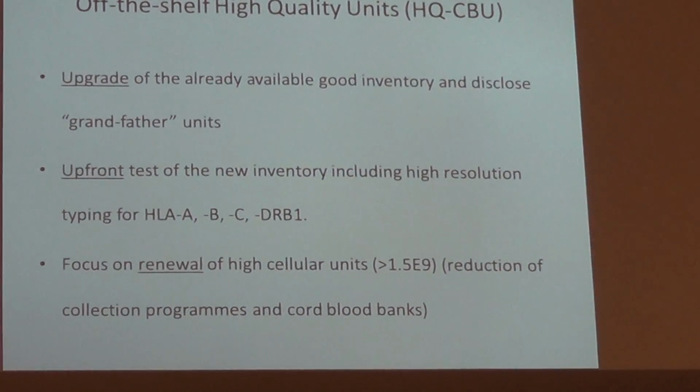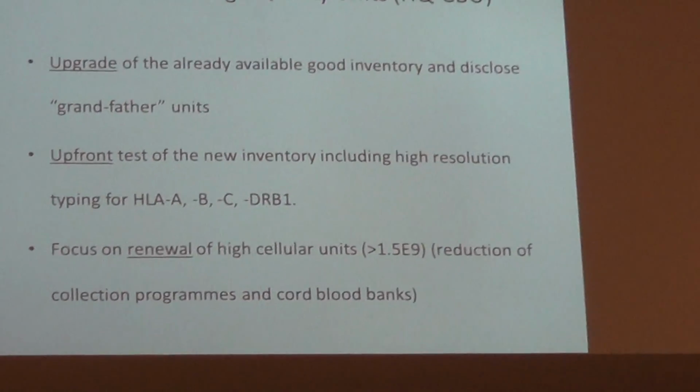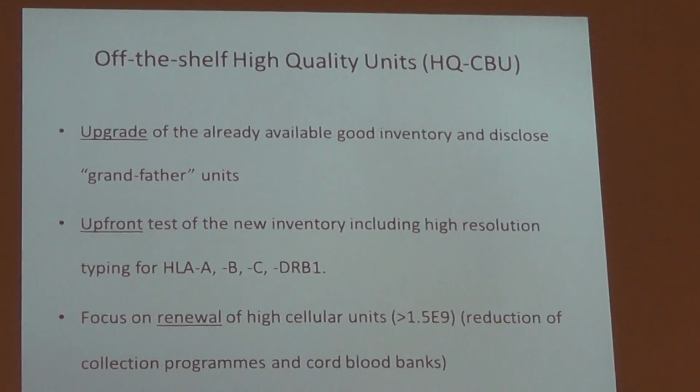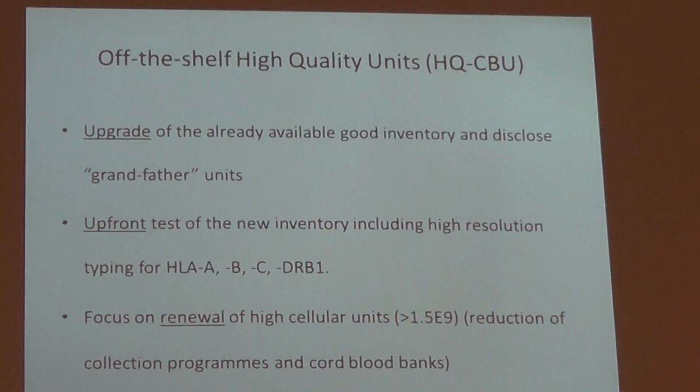What is advisable is to concentrate on the good inventory, in these units, what we can call a pre-release status, in order that we can achieve this off-the-shelf concept. And what we are doing is to upgrade the units that are already in the tanks to do a higher typing. Second is to do upfront testing that is necessary for release, and focus on renewing the numbers that are in the tanks with very high cell numbers of cord units.